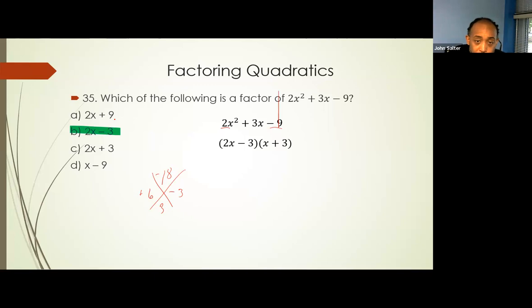The first thing was 2x squared. Last term was negative 9. I also just came up with these 2 numbers. The 6x minus 3x is the same middle part anyway.